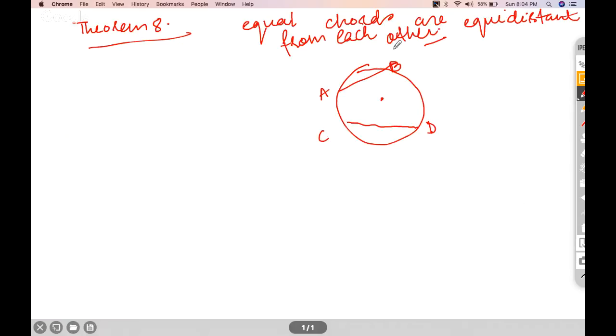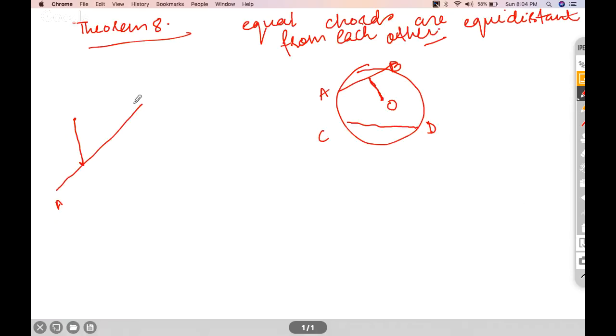Now, please understand this: suppose this is point O. The distance of a point from a line, or the distance of a line from a point, is always taken as the perpendicular drawn from that point to that line. So if I have a point here and a line here, I will not take this slanted distance.